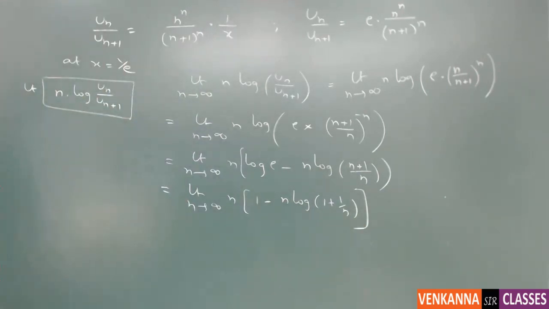Please check on that. If you have any queries, you can ask. So while applying the logarithmic test, the simplification is important. So please take a note of this. Then I move ahead.